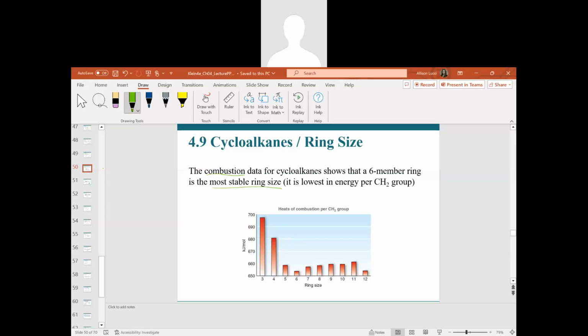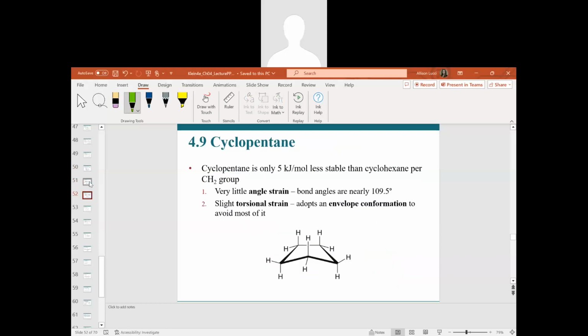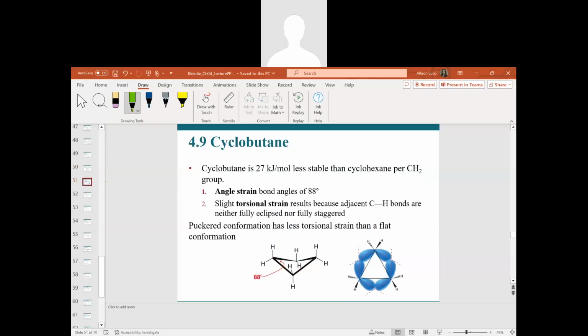So we see, starting around a 5-carbon ring, a similar energy per CH2 group. We'll break this down based on the combustion energy, the enthalpy values, and CH2 groups on the next slide. Oh, no, it goes into further detail in the textbook. I apologize. But you can see this trend. It is about equal for every CH2 group in a structure that's between 5 and 12 carbons in length. So let's look at this next slide.